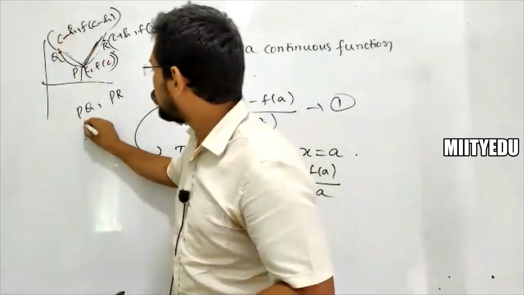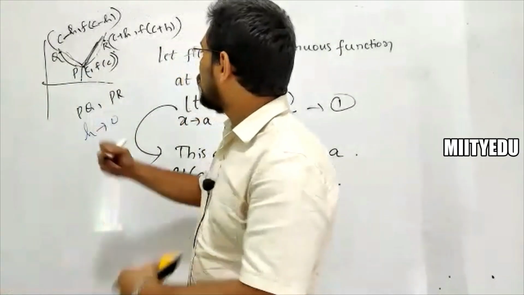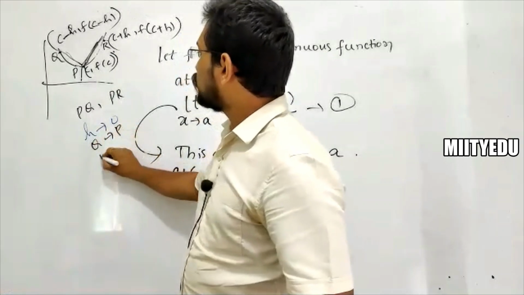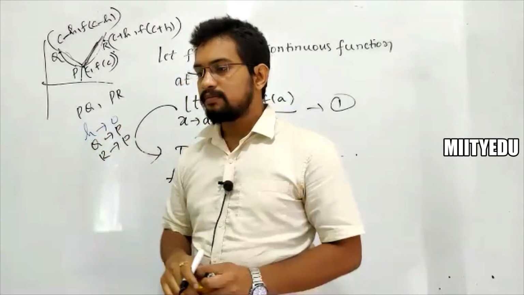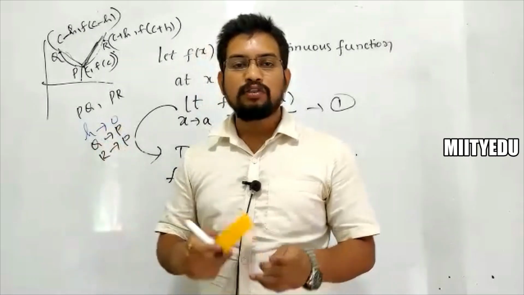If h tends to 0, Q approaches P, and R also approaches P.